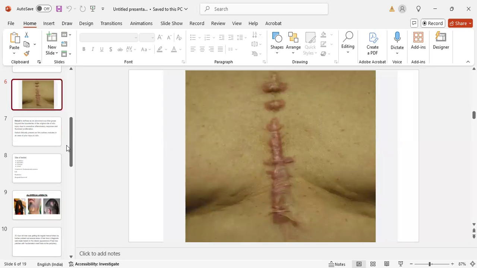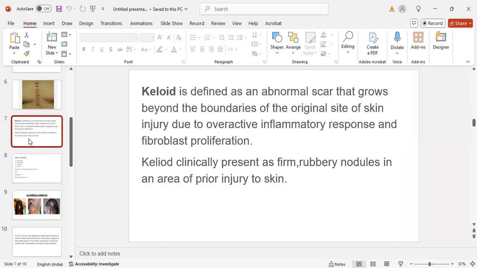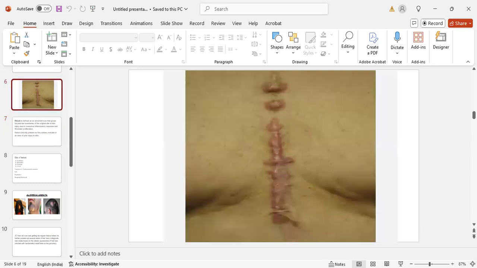Yes, ma'am. So keloid is defined as an abnormal scar that grows beyond the boundaries of the original site of skin injury due to an overactive inflammatory response and fibroblast proliferation. What happens is, when the wound was healing, there was more proliferation of fibroblasts and collagen is formed in excess. This is the body's tendency.